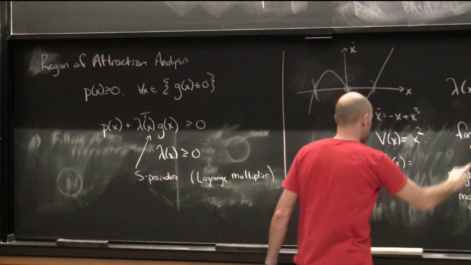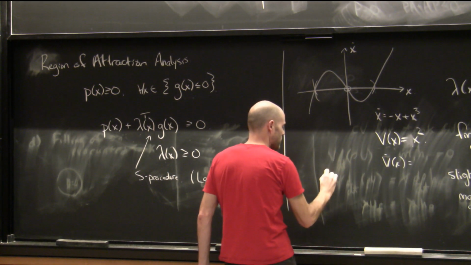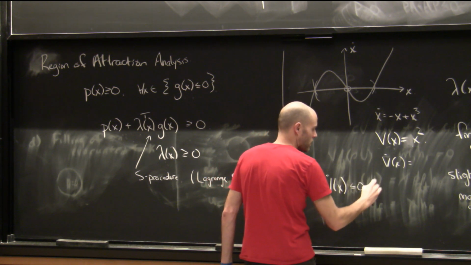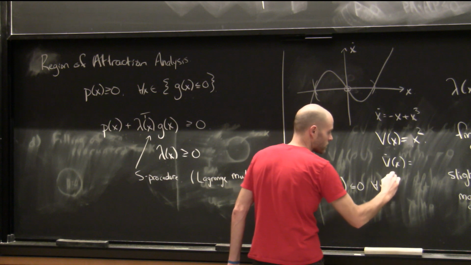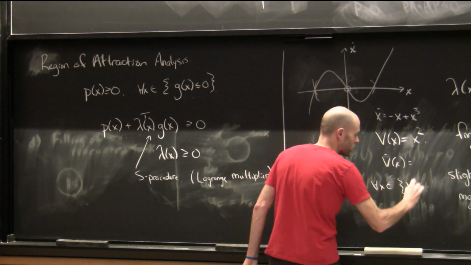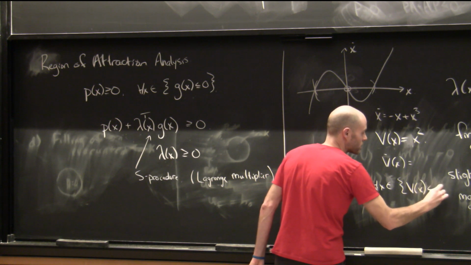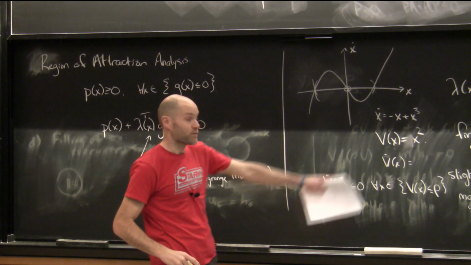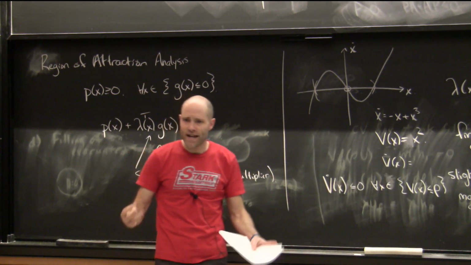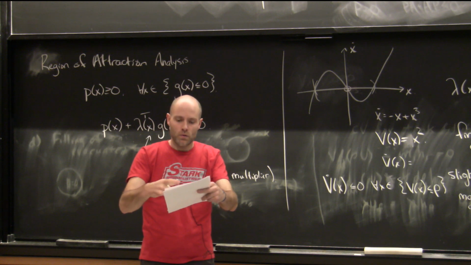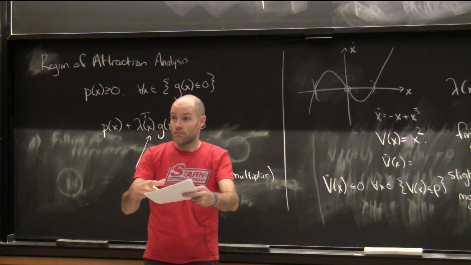This is V dot of x less than 0 for all x in V of x less than rho. That's this formulation, the natural one. You want to say that the Lyapunov function is always going downhill whenever I'm inside of my invariant set.